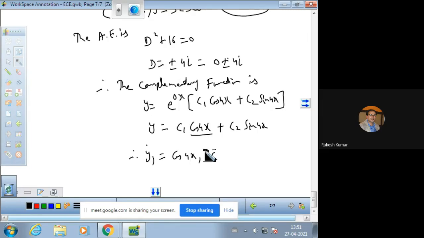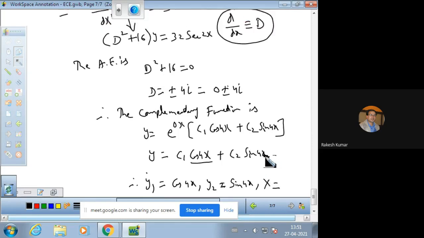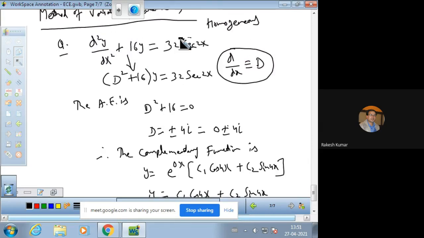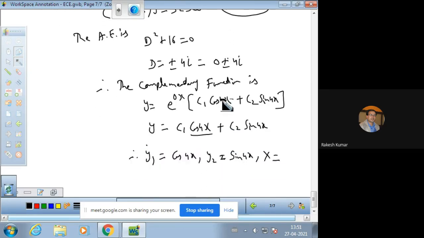Similarly, y2 will be the coefficient of c2, and that is sin 4x. We also require capital X. Capital X is the right hand side of the differential equation. So this is the capital X: 32 secant 2x.